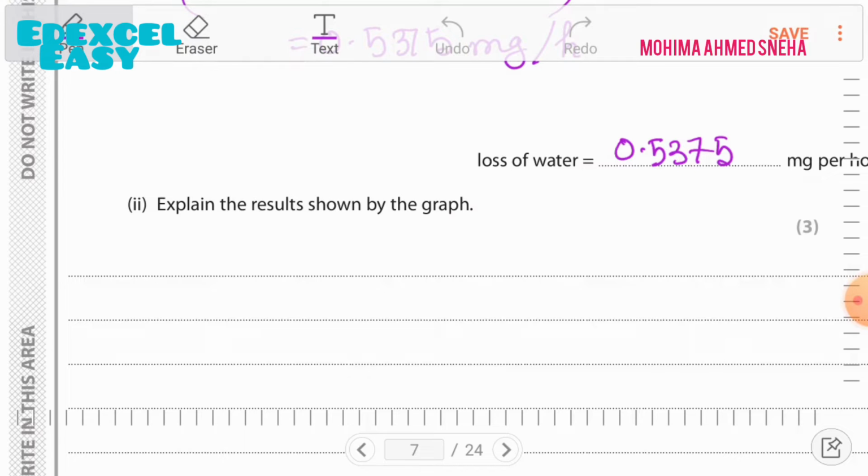We all know that in windy conditions, or whenever there is wind present, the wind will always carry away the water from the plant surface, and as it carries away the water from the plant surface, it will create a concentration gradient which causes more water out of the plant by evaporation. So let's write it down.